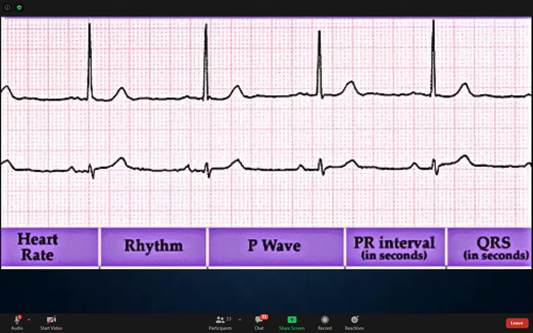What do you think about this ECG? Somebody read this ECG to me. Rate or rhythm?